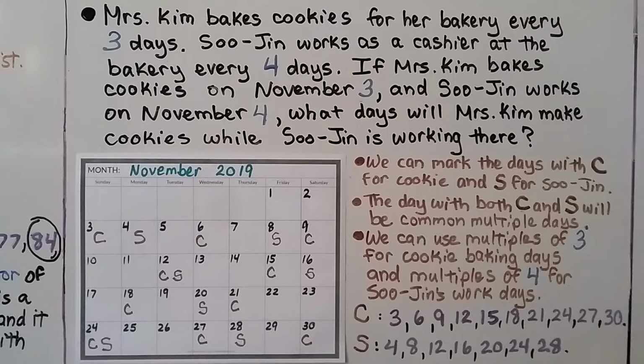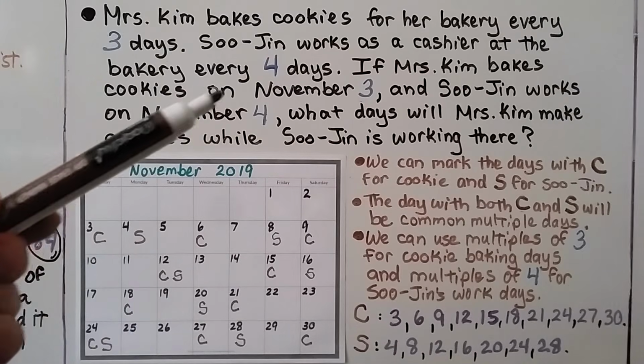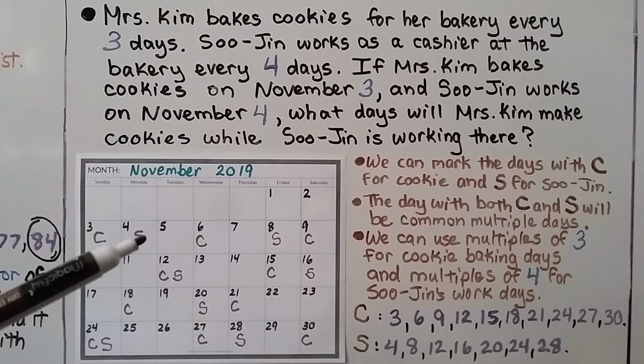So we can use a blank calendar or make our own calendar to solve a problem like this, but it's very important to notice that not only does Mrs. Kim bake cookies every 3 days, but she also did it on the 3rd. So those matched. That's why we could list the multiples. And Sue Jin works every 4 days, and she worked on the 4th. That's why those multiples worked.